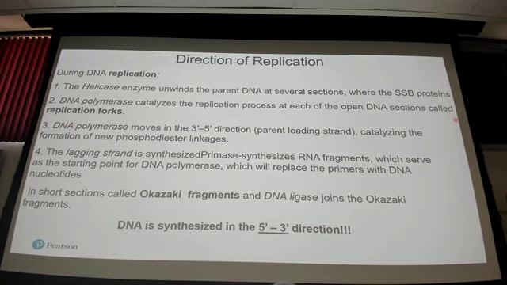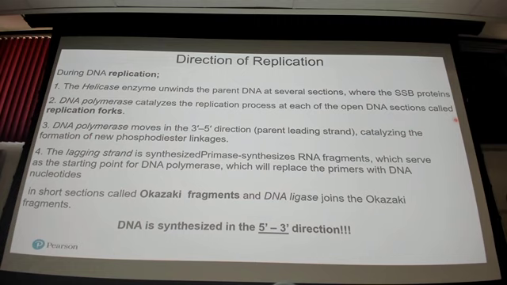So basically the DNA polymerase will remove the RNA primers and add DNA nucleotides. Those short DNA nucleotide sequences added by DNA polymerase are called Okazaki fragments. And so then we have DNA ligase that joins the Okazaki fragments together to produce a continuous lagging DNA strand.